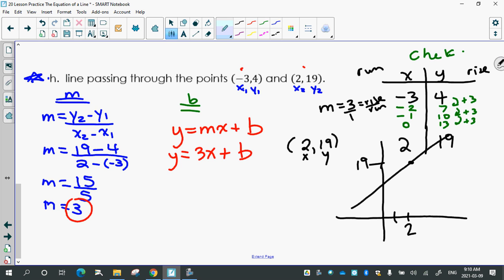That means that that point, (2, 19), has to make the sides of the equation balance. So when I put 19 in for y and 2 in for x, the only thing I won't know is b, and I can figure out what b has to be to make it work. And it should turn out to be 13. We already have our check.